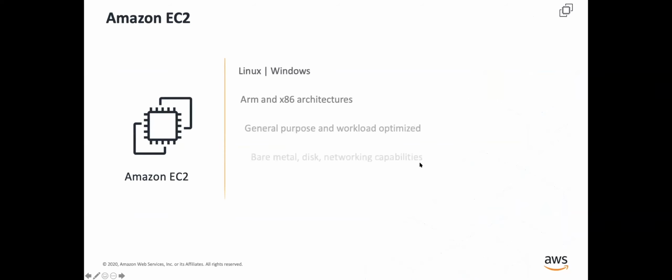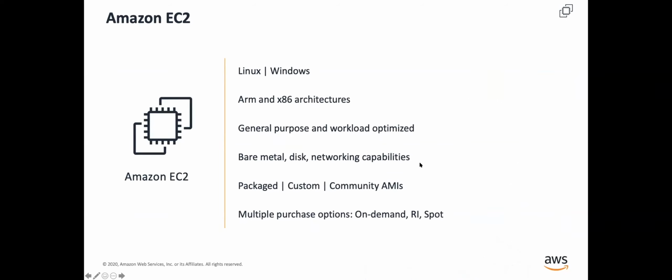So let's move into some foundation services. I'll cover something called Amazon EC2. Amazon EC2 is really the equivalent of virtual machines. You have a Windows machine or Linux machine. We don't have a Mac on the cloud, but basically you can do Linux and Windows. Hardware-wise, the latest development in ARM and different types of x86 architecture is very, very interesting.